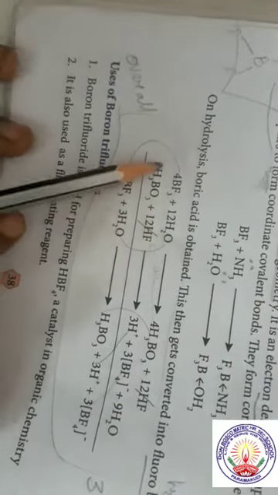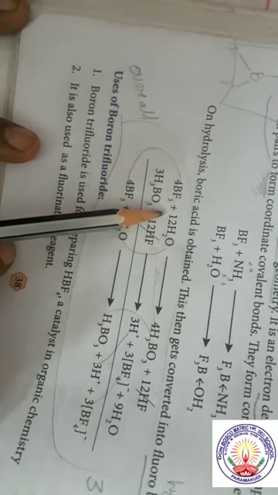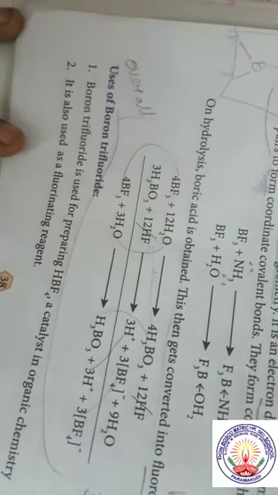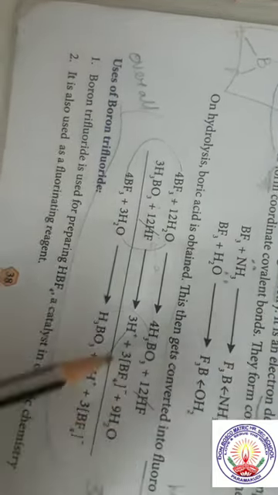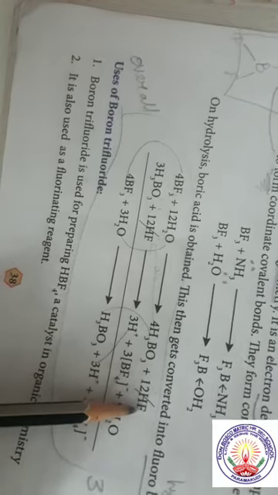Look at this, boron trifluoride is hydrolyzed, that is, we added 12 moles of water. So we are getting boric acid, that is H3BO3, and we are getting 12 HF.